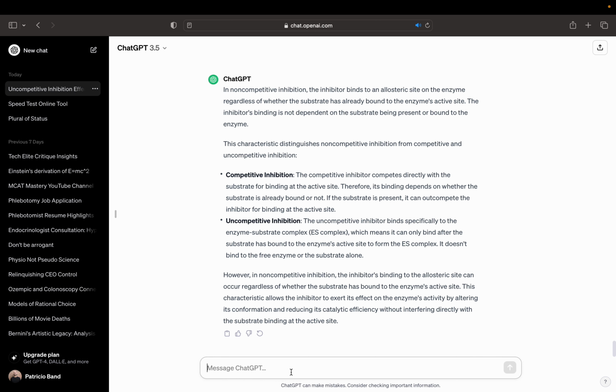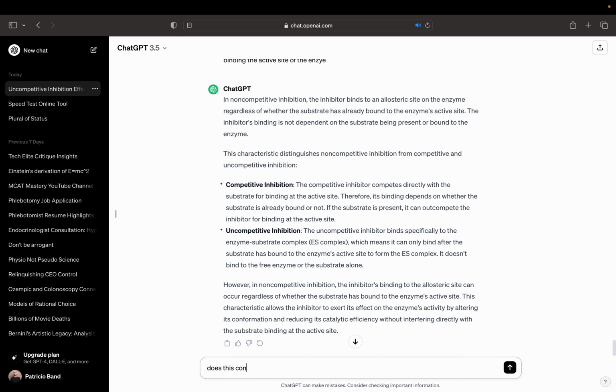So wait, does this conformational change happen to the allosteric site, which then affects the Vmax of the enzyme, or does it happen to the active site, or both, or the ES complex, or both?